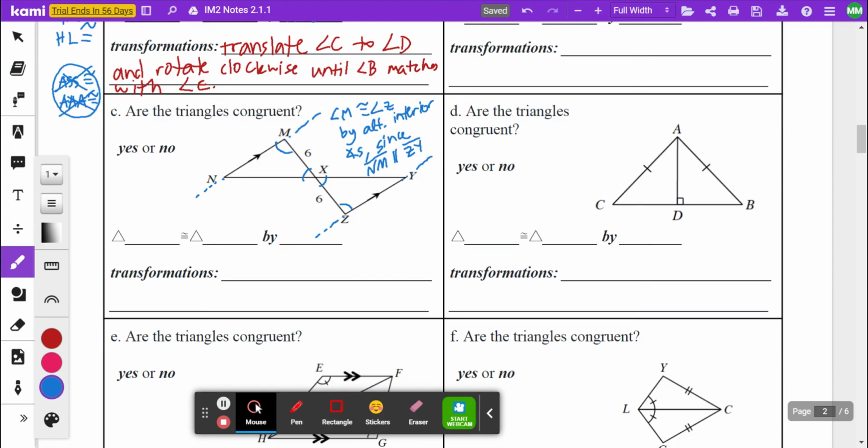All right, let's go. So since I have this, that means I have angle, side, angle, angle, side, angle. I should mark M and Z another time to show that those two are not the same as X.